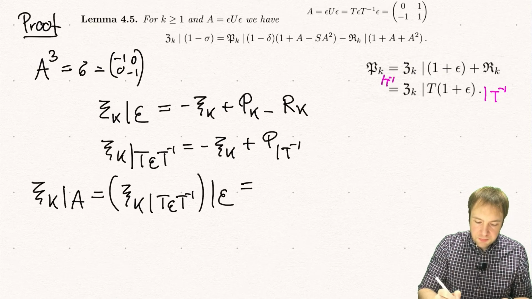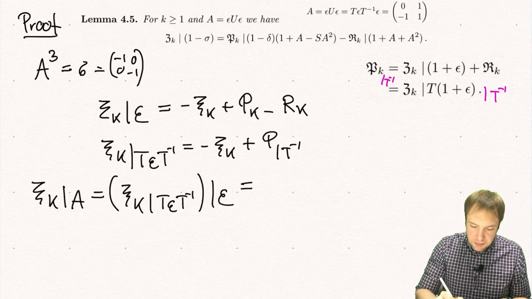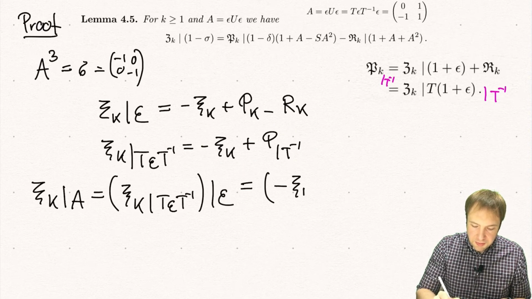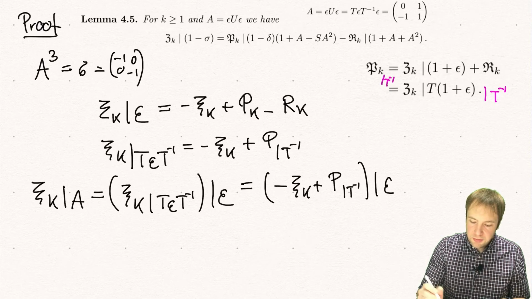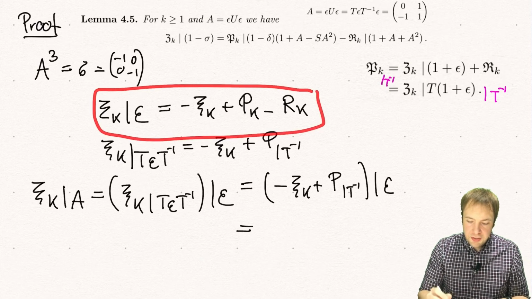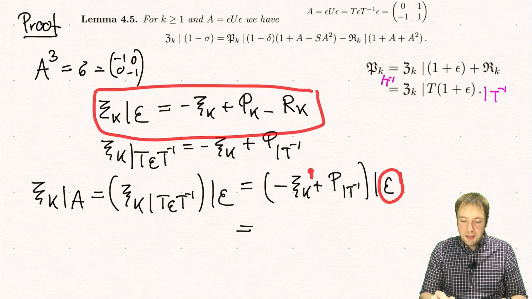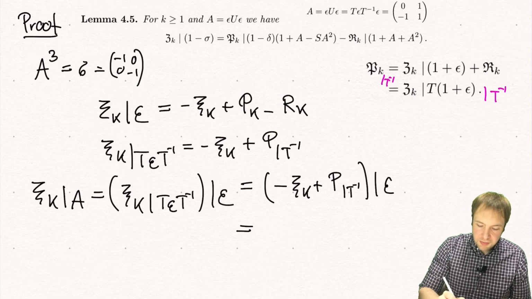And then I can first use this equation here. So this is minus zk plus p t inverse, where I still need to act with epsilon. And now I can use this equation here. So if I let epsilon act on zk, it's minus zk. So here I get a plus zk.